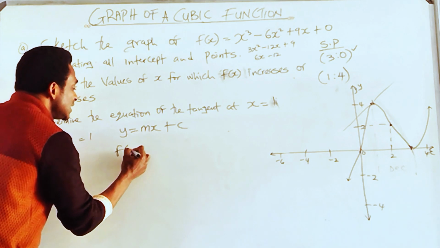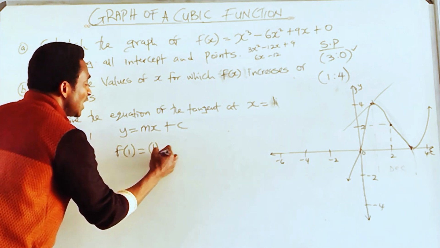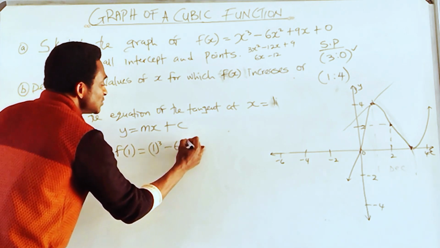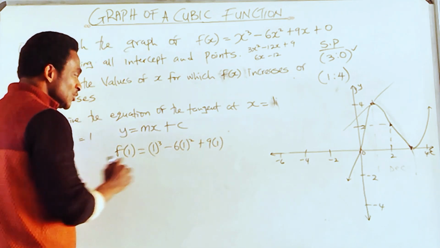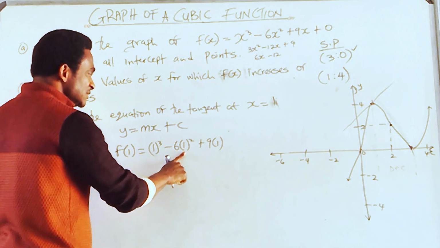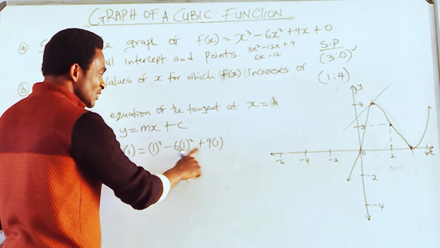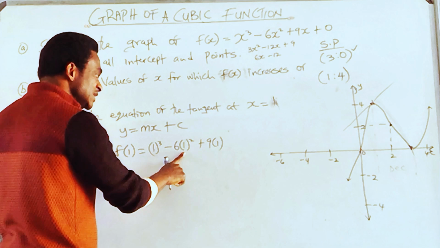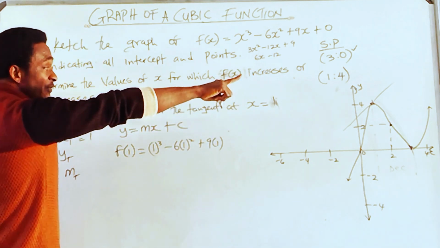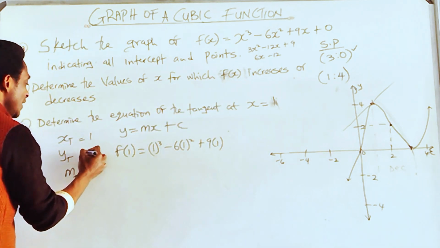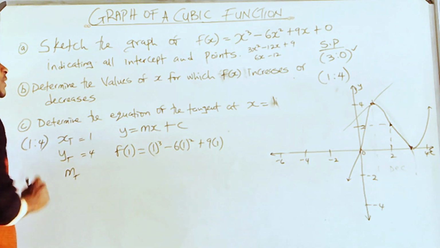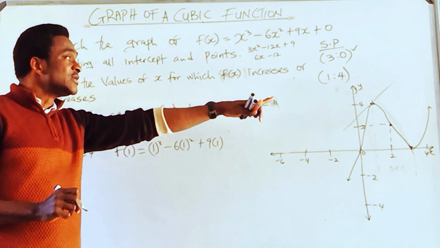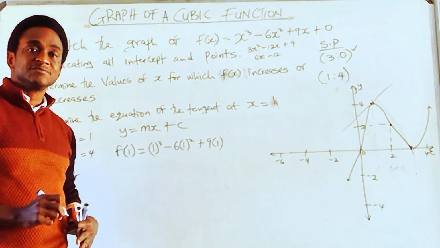So we are looking at f of 1. So we have 1 cubed minus 6 times 1 squared plus 9 times 1. This gives us 1 minus 6 plus 9. 1 minus 6 is negative 5, plus 9, that's 4. Already that's a point on the graph. So the coordinates 1 and 4 is what we are going to use to figure out the equation of that tangent line.